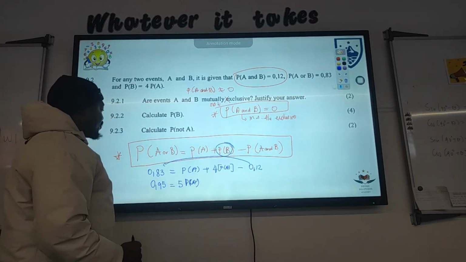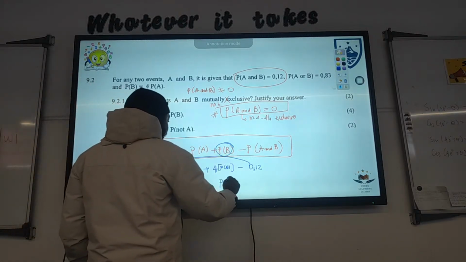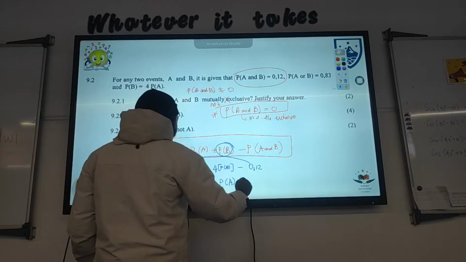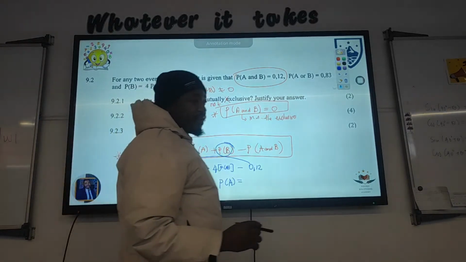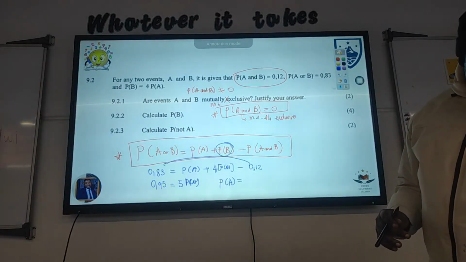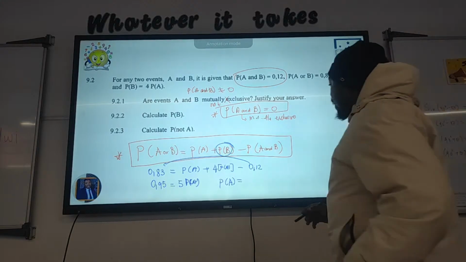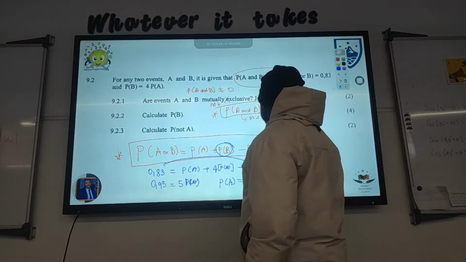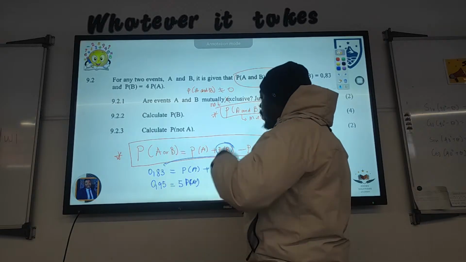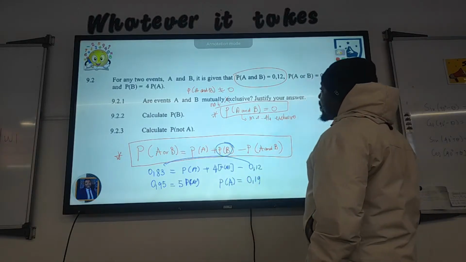And then it means that I have to divide this by 5. 0,95 divided by 5, so we get 0,19. Sorry, that's the probability of event A.